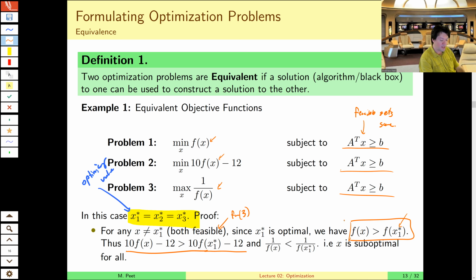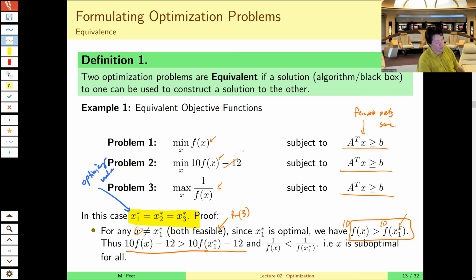We just multiply 10 times both of those, and the 12 doesn't change that. In fact, we could just strike the 12 from the problem because we can't change it. It's one of those parts of the objective which isn't influenced by our choice of x, so we can always cut those off. And so 10 f of x is greater than 10 f of x star, so any other x is suboptimal for problem 2 as well.